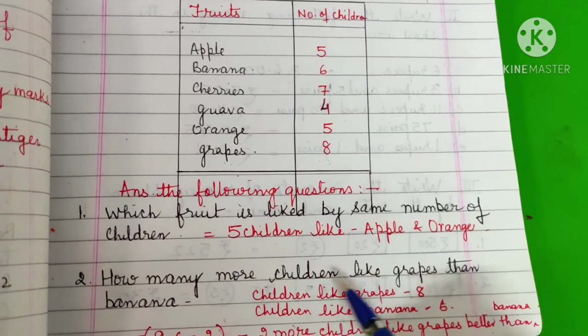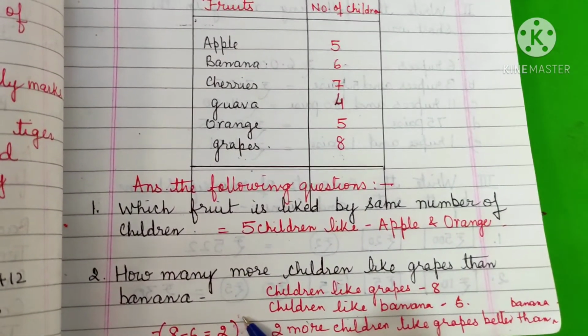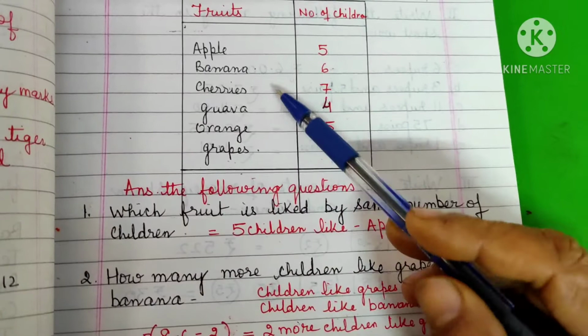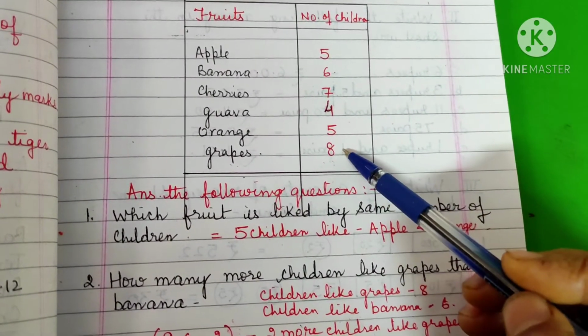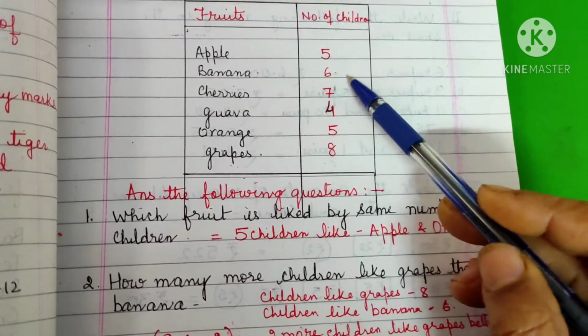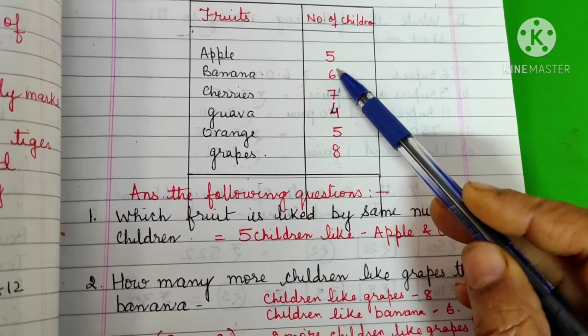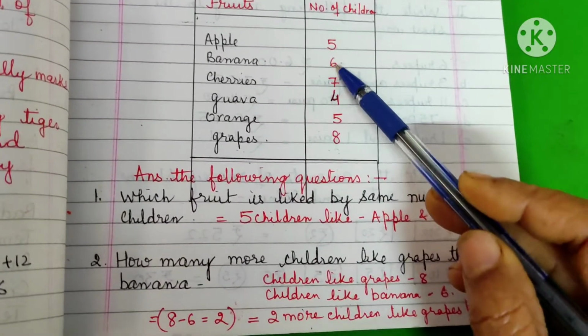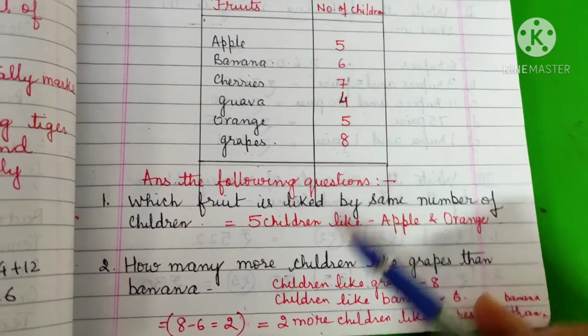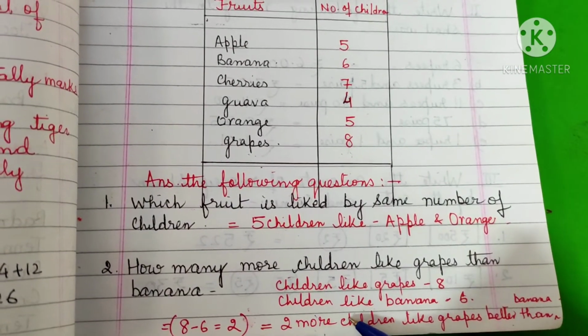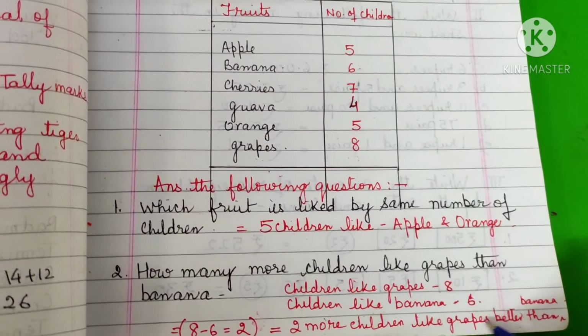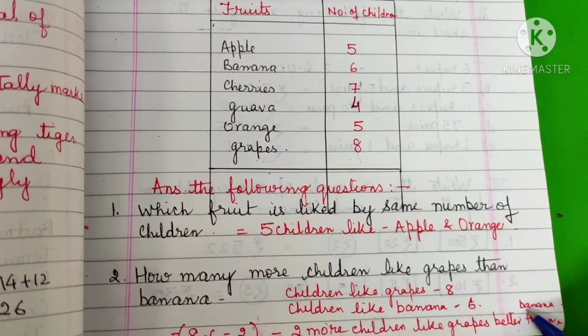Now, how many more children like grapes than banana? Here you can see grapes are liked by 8 children and banana is liked by 6 children. So, you will find the difference and get how many more children like grapes than banana.